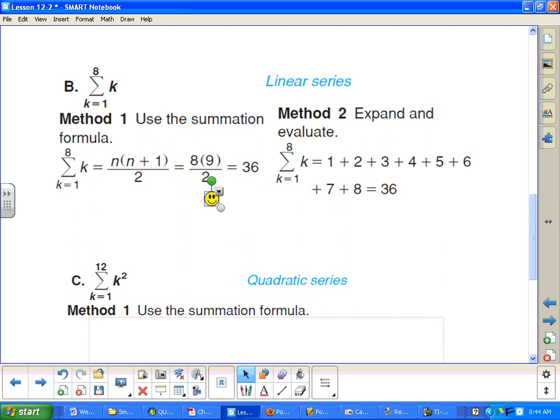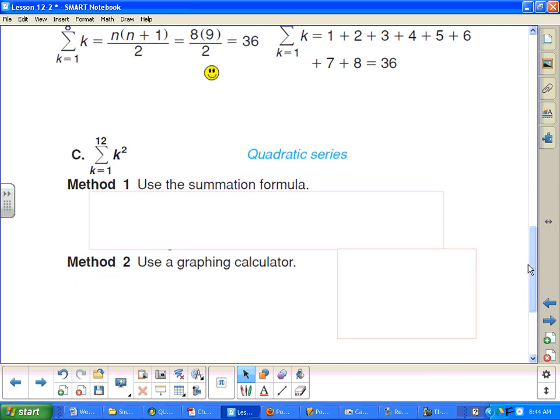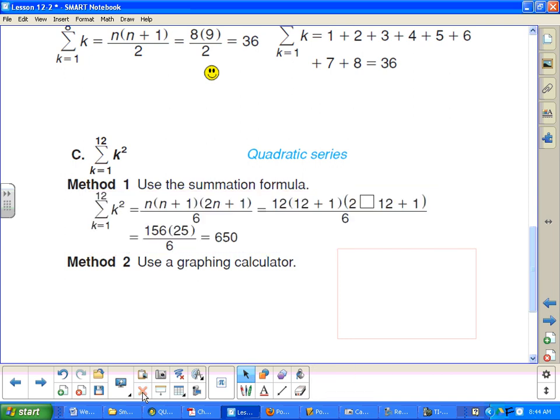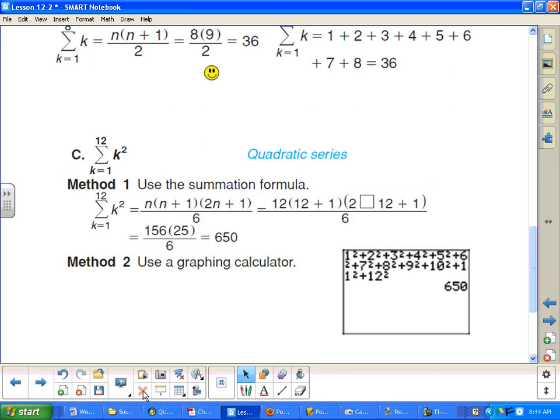So whichever method you want to do, you can do it. Or if it's a quadratic, same thing. If you want to use the formula, you can do that. If you want to expand it, add them together, you can do that. It's totally up to you.